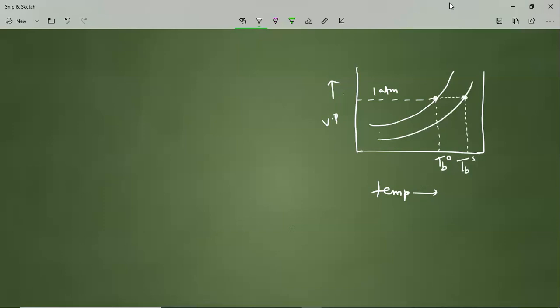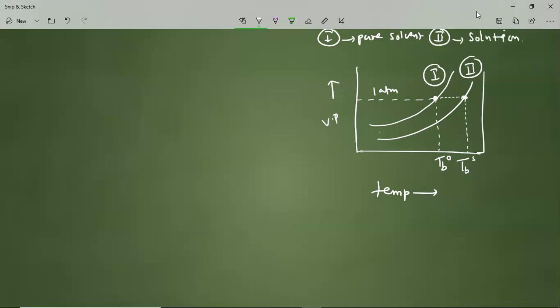The pure solvent we have taken first is curve Roman 1, and Roman 2 is the curve I got for a solution containing a non-volatile solute.